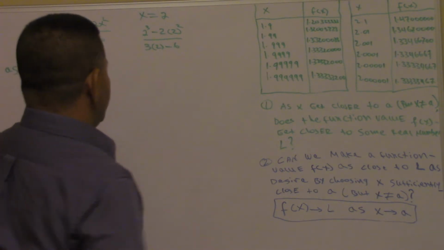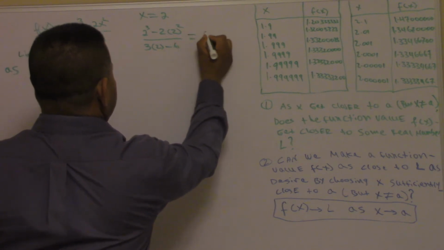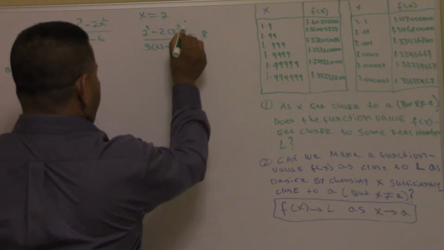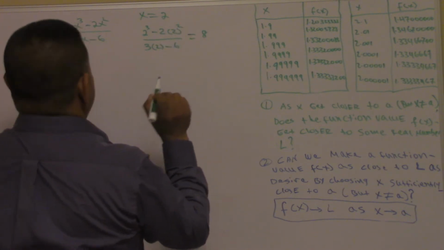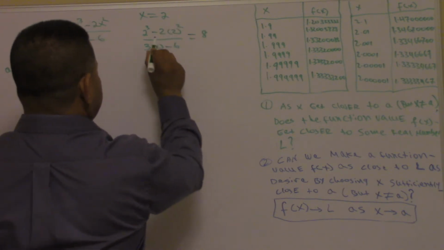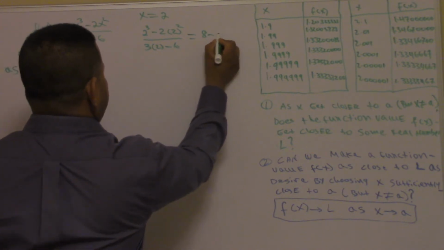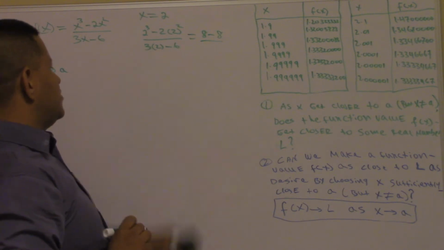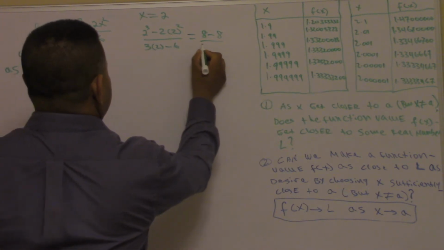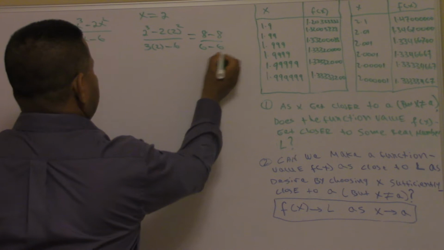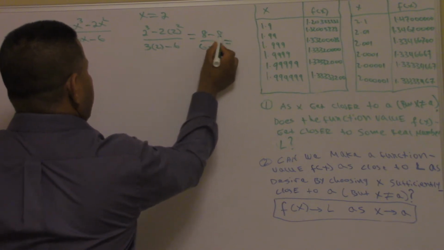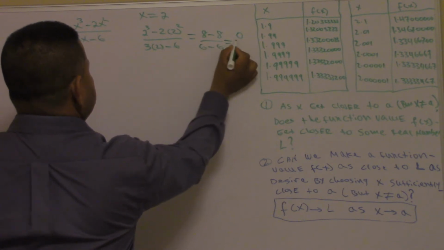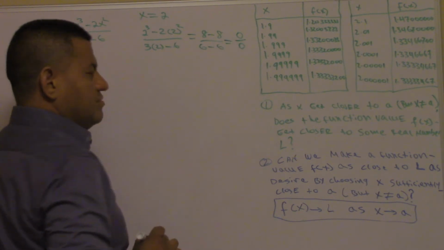Well, 2 cubed is 8 minus, 2 squared is 4, times the negative 2 is negative 8, okay? On the bottom I got 2 times 3 is 6 minus 6, right? I got 8 minus 8 is 0. 6 minus 6 is 0.